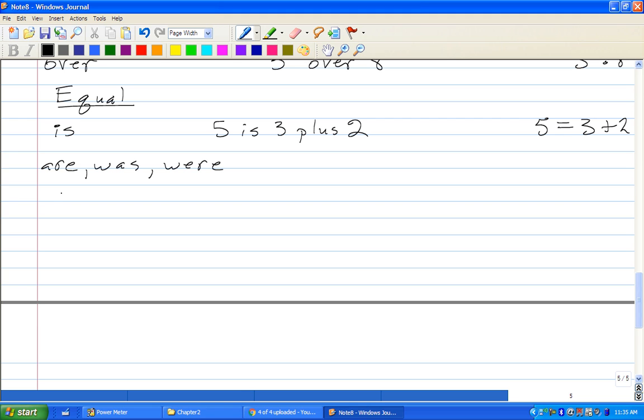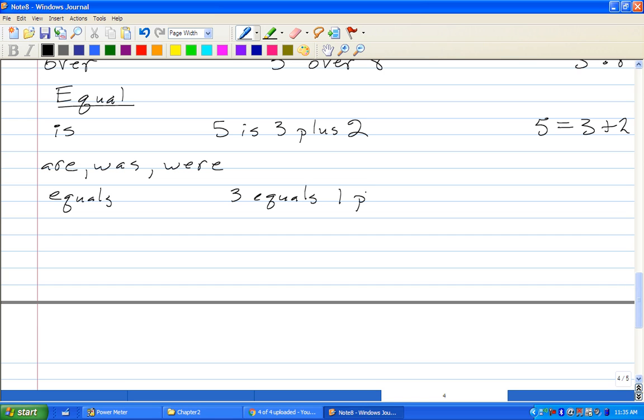Equals: 3 equals 1 plus 2. Gives: 6 plus 1 gives 7.